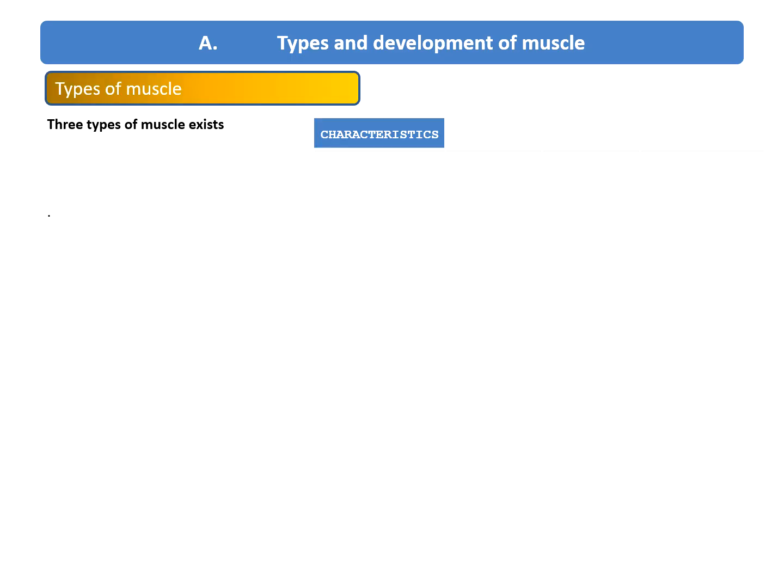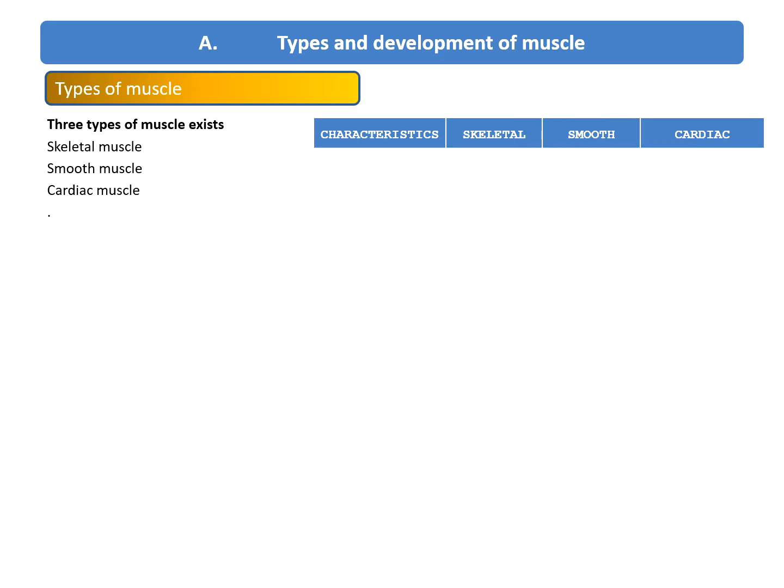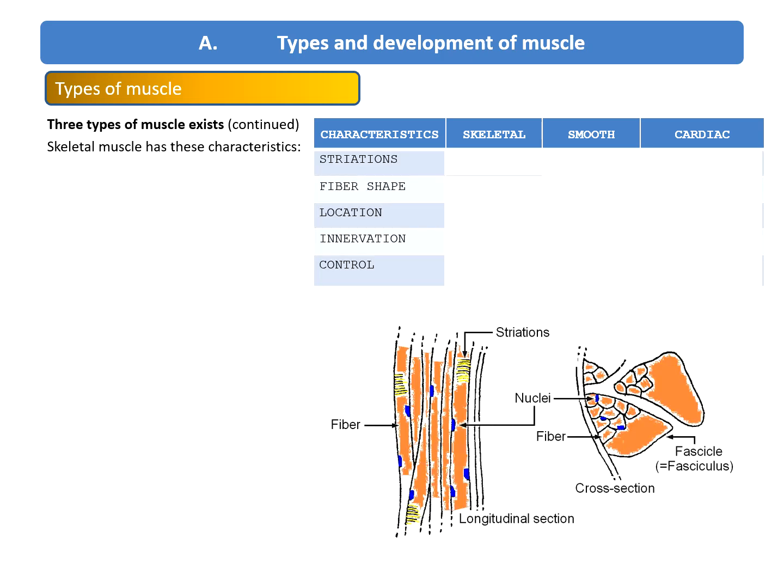Three types of muscle exist: skeletal muscle, smooth muscle, and cardiac muscle. We've mentioned this already. The skeletal muscle has certain characteristics. For example, they're controlled by voluntary action. They contain striations, that is, visible stripes, visible under a microscope.